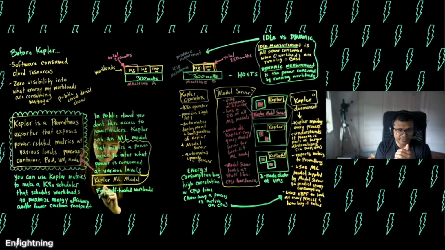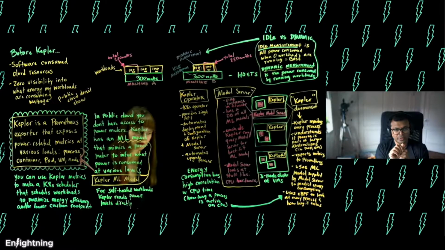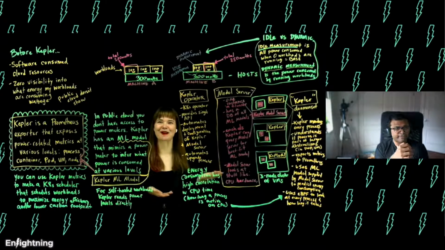Kepler makes best effort to read off the hardware registers first, and as a fallback, would ask for a model. That makes a lot of sense. If you have access to the power meter, you don't need to guess. You don't need to predict.